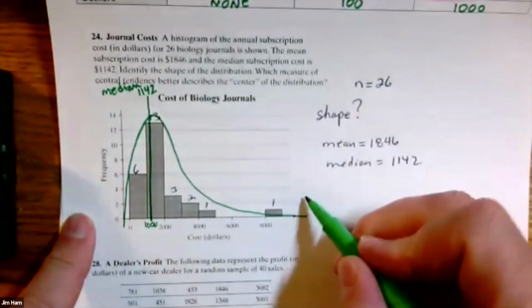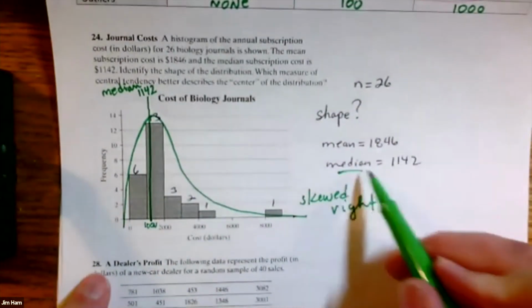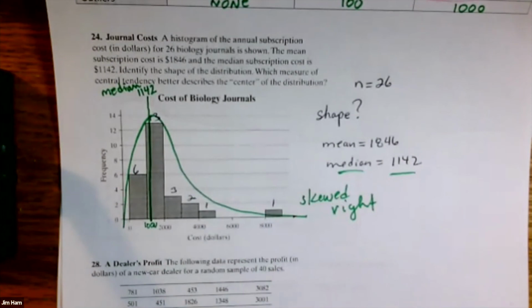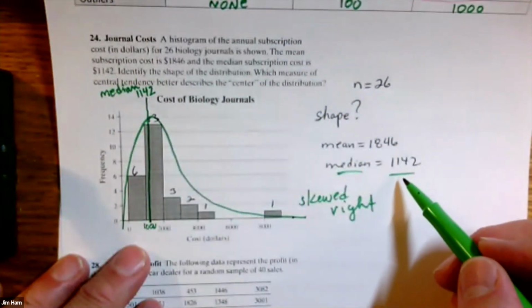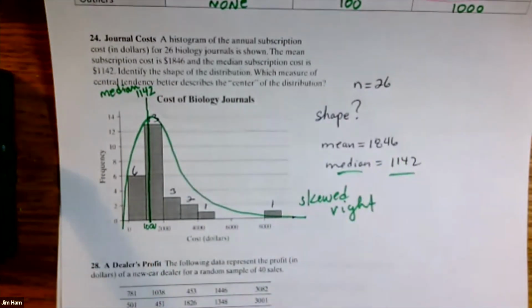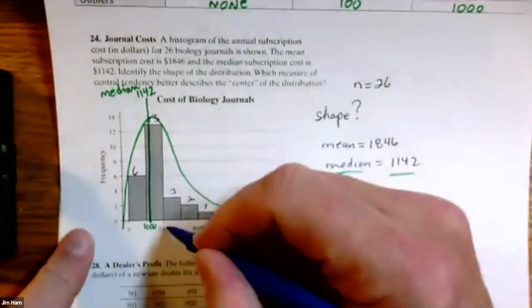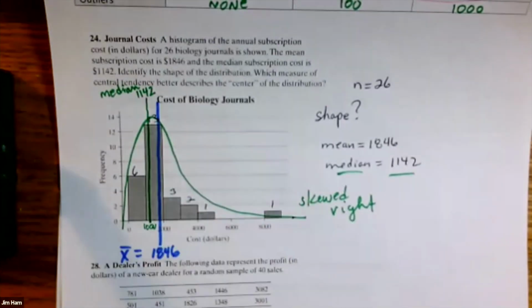So we have this skewed distribution here, skewed right. And the median is moving toward the tail. So that's 1142. Oops, 1846. I'll draw it with a different color. 1846 is closer to the 2. So here's the 1846, and that's the mean.